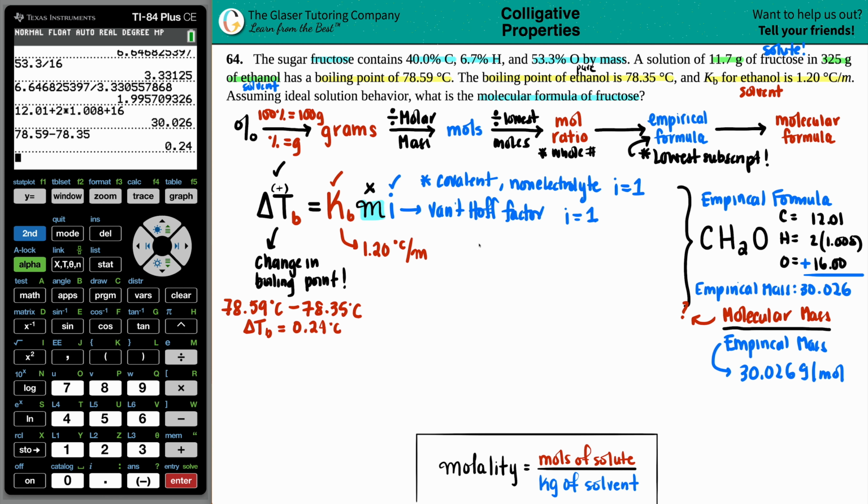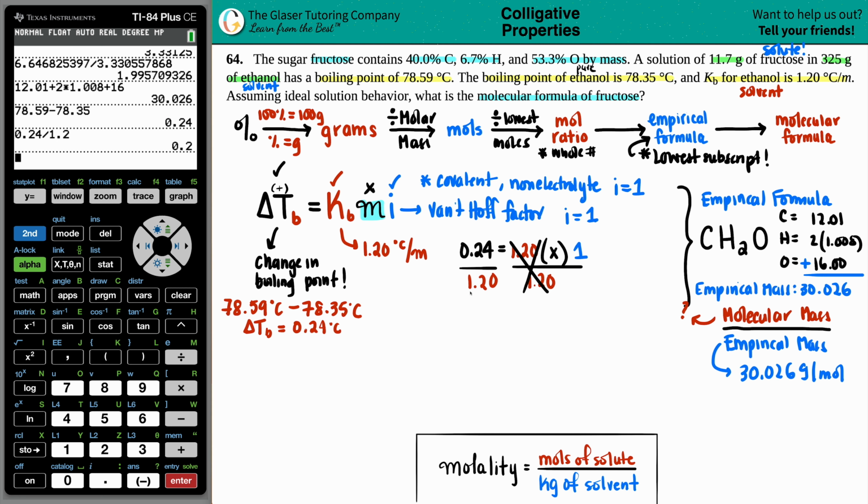So 0.24, the delta Tb, the change, equals Kb, which was 1.20, times x, times 1. Doesn't really matter, 1 times 1 is the same thing. I'm going to get x by itself by dividing by the 1.20. And we get our molality. 0.24 divided by 1.2. Okay, so I get x equals 0.2 molality.